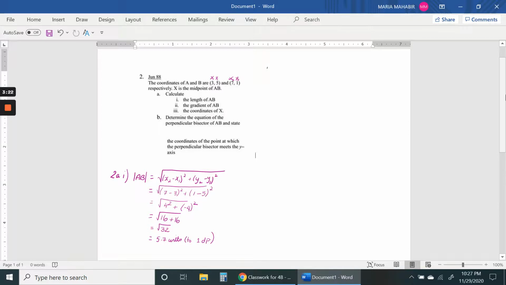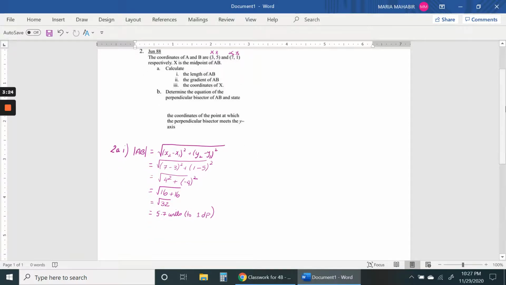Next, the gradient of AB. So this will be 2A part 2. Gradient AB, we know this is y2 minus y1 over x2 minus x1. So you see how important it is to know your formulas by heart.